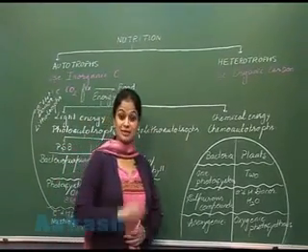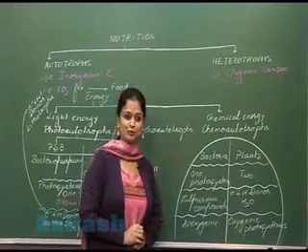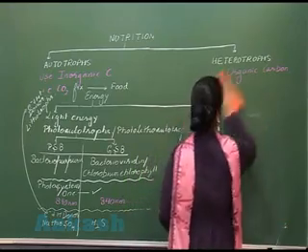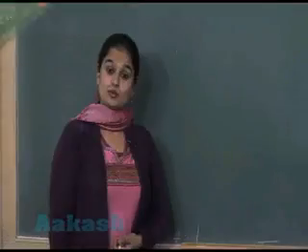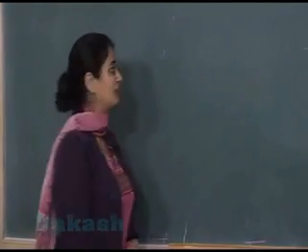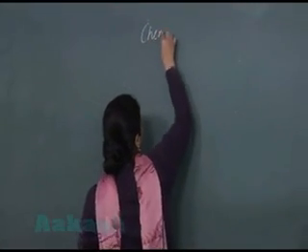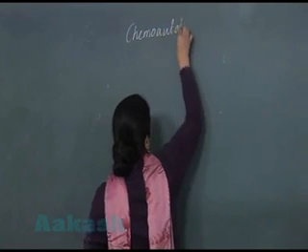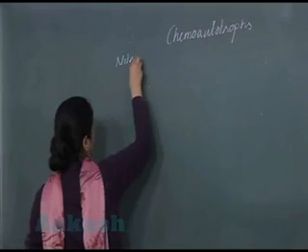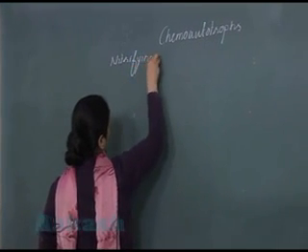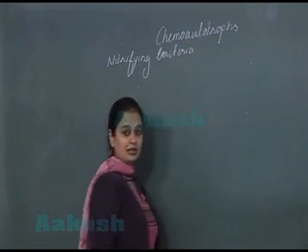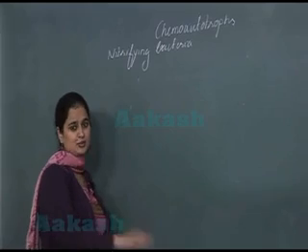Now I will start with the second category, that is chemoautotrophs. To explain chemoautotrophs, I will cite the example of nitrifying bacteria. Nitrifying bacteria are present in the soil.